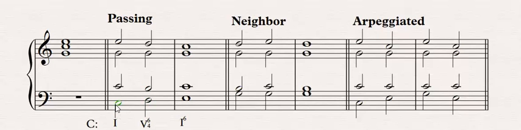So the C moves by step to the D, which moves by step in the same direction to the E. So theoretically we could go C, B, A, and that B could also be a passing note. So all that matters is that it goes by step and in the same direction.